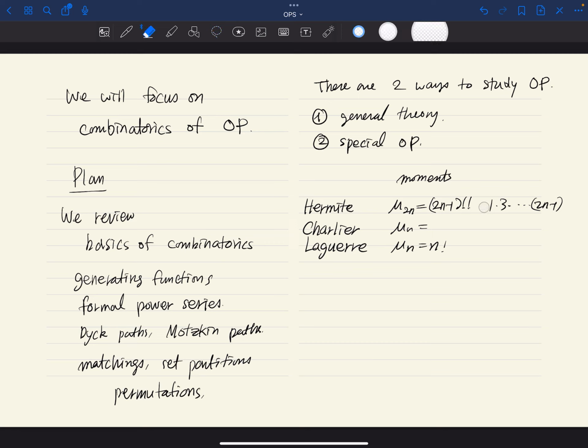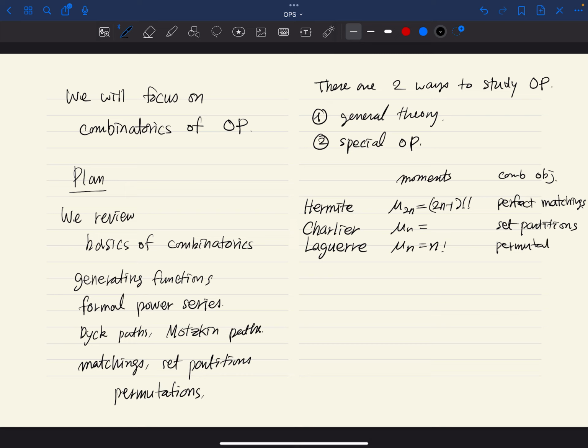Let me erase this. Combinatorial meaning, combinatorial object: perfect matchings. Here it's going to be set partitions. This is exactly what I wrote over there, set partitions. And these, permutations. So we will learn Viennot's theory, and this will allow us to express moments using Motzkin paths.